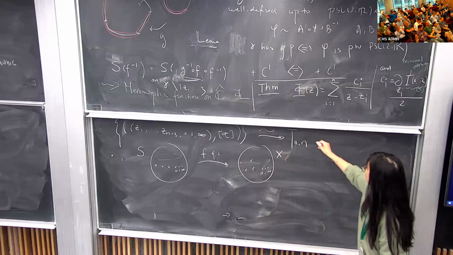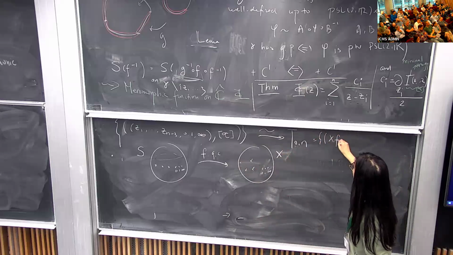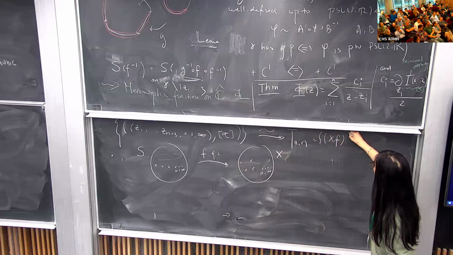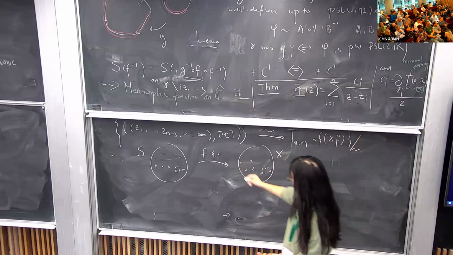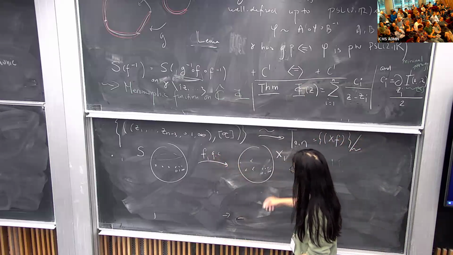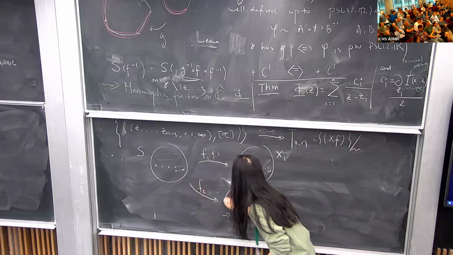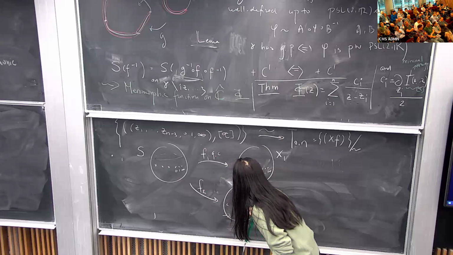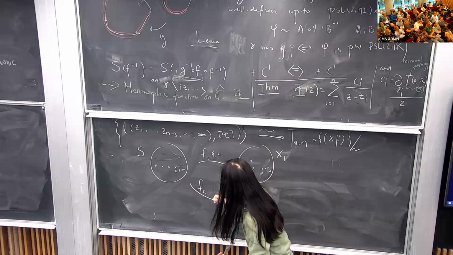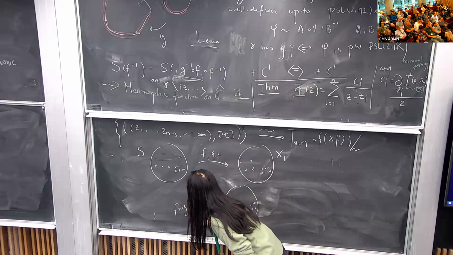So the Teichmüller space is the collection of pairs (X, f) up to an equivalence relation, where the equivalence relation means that if I take f1, X1, and another pair f2, X2, they are always normalized, so they're always fixing 0, 1, infinity.